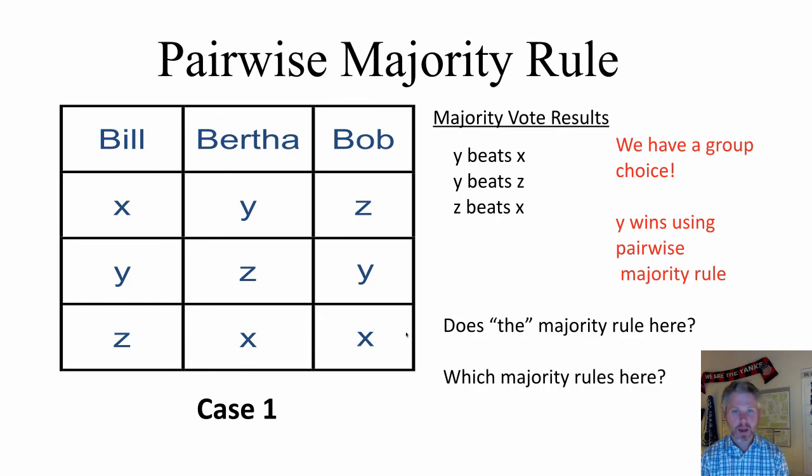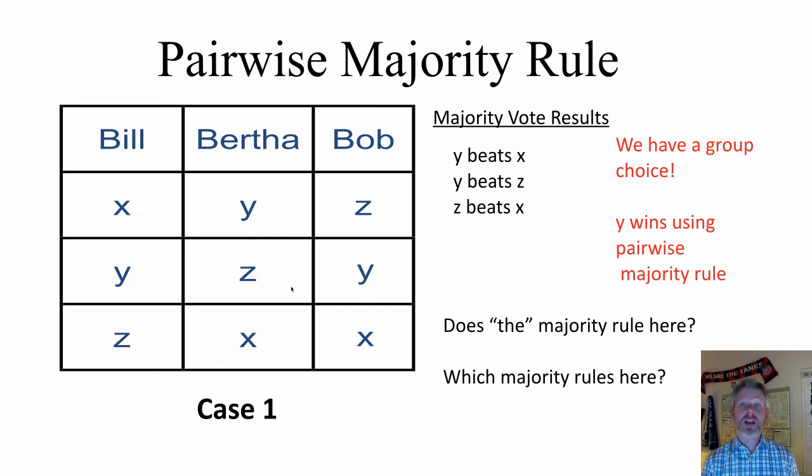All right. So does the majority rule here? Well, sort of. Notice it's different majorities though. For Y beats X, that's Bertha and Bob. They like it when Y beats X. But for when Y beats Z, that's Bill and Bertha.